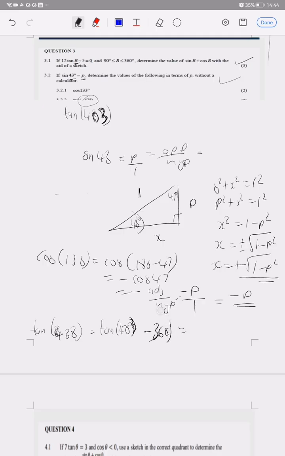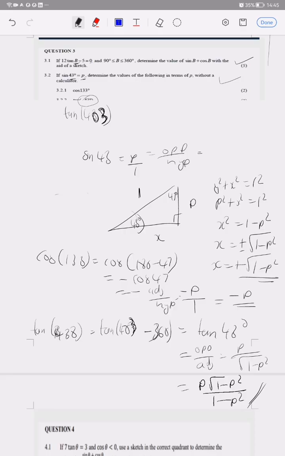Yes, so 180, so minus 360, I'll get a tan of 43, right? What is the tan of 43? It's just opposite over adjacent, so it's going to be p over the square root of 1 minus p squared, right? When you rationalize it, it's going to be p times the square root of 1 minus p squared, over 1 minus p squared. That's what we are having.